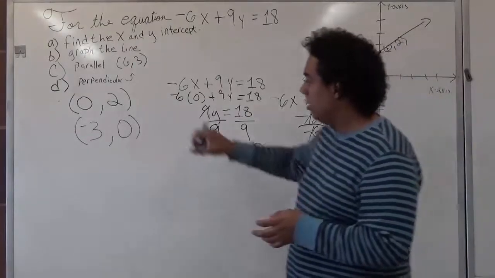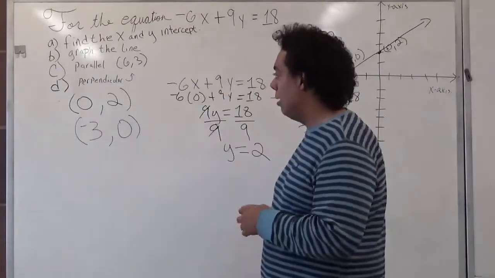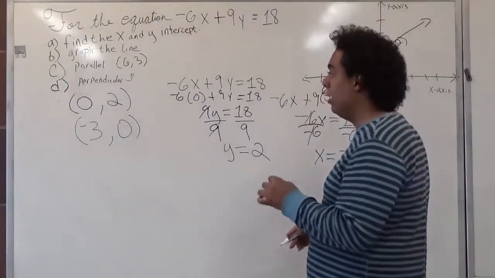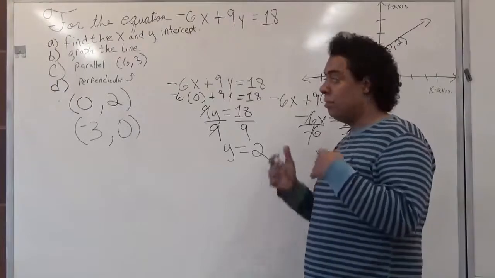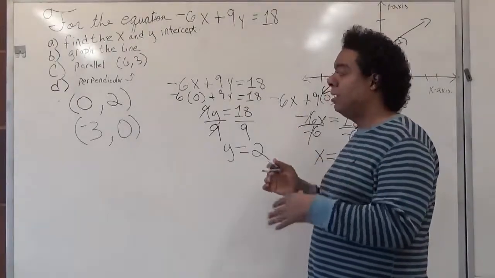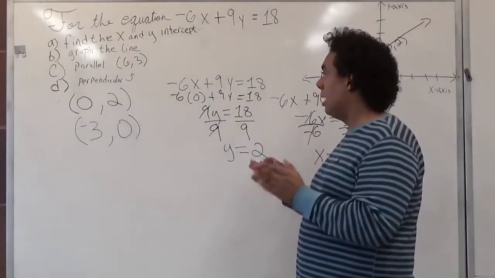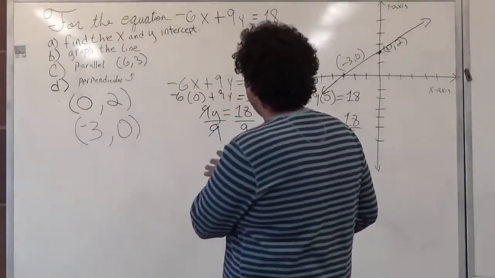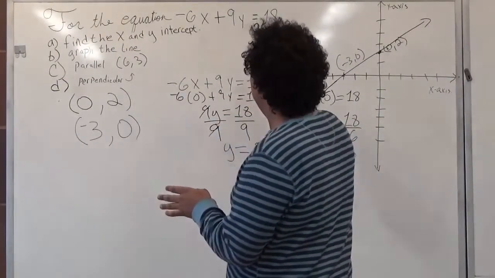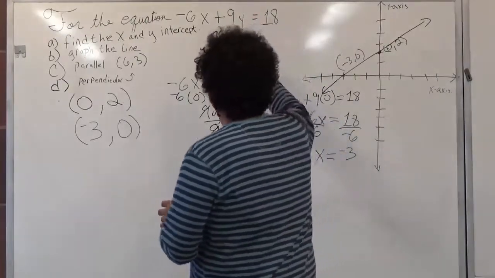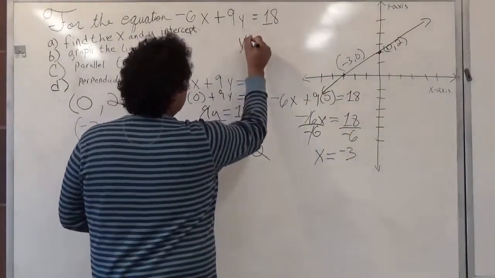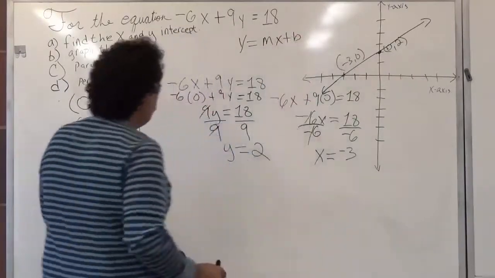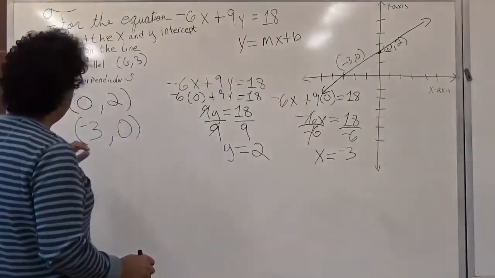The next is a parallel line that passes through (6, 3). We need the slope to find it, because what makes a parallel line is 2 lines with the exact same slope. We don't have the slope here, and there are 2 ways we can get it. We can convert this equation into slope-intercept form, y equals mx plus b, or we could use the slope formula.